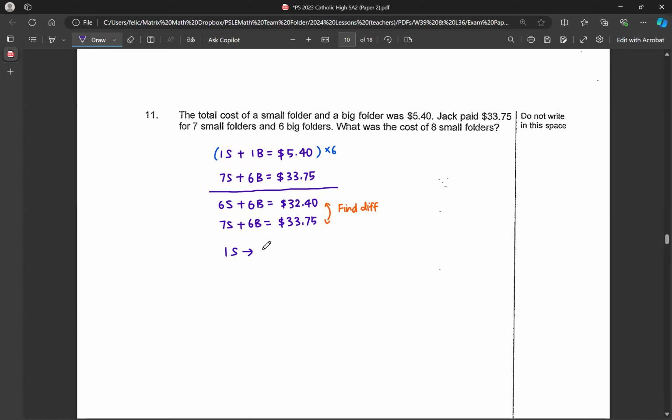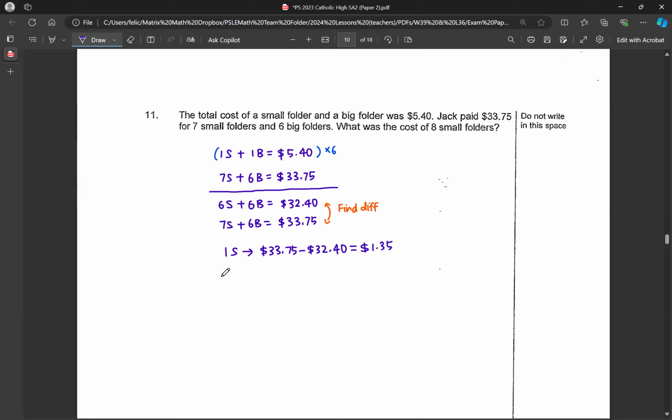B minus B, no more B. So this one small will be 33.75 minus 32.40, which is $1.35. That's the cost of one small folder.